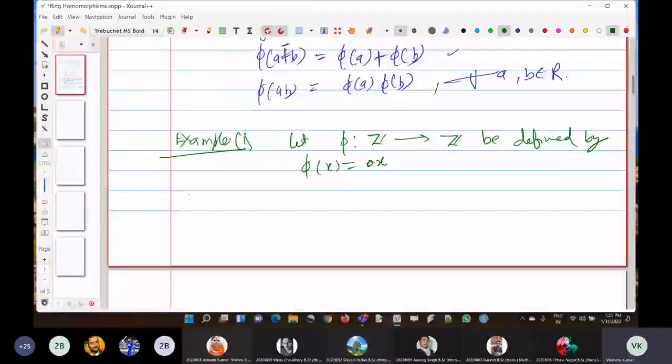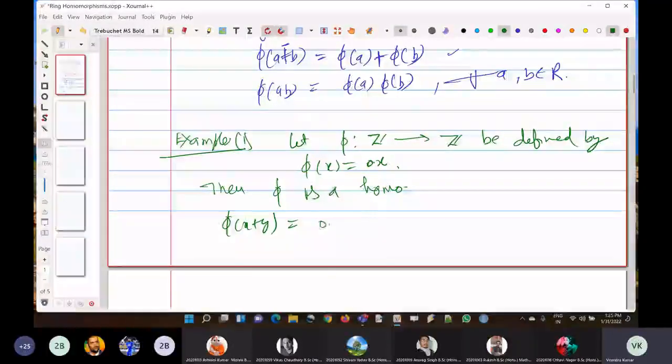So this is a homomorphism. Later, this is defined by this. Then phi is a homomorphism, because you are taking two integers x and y in Z, of course.